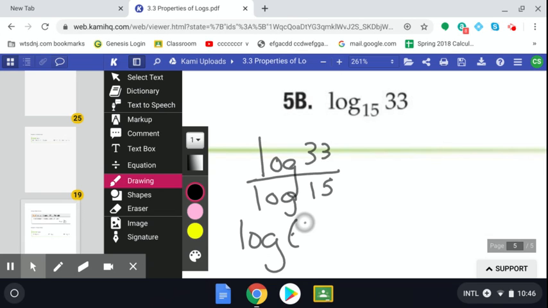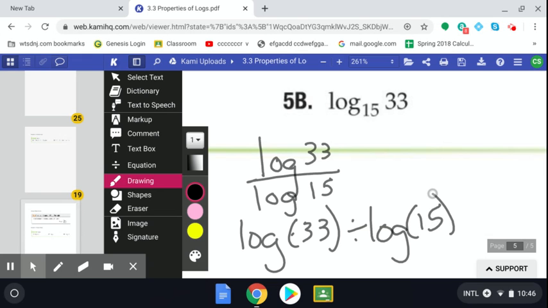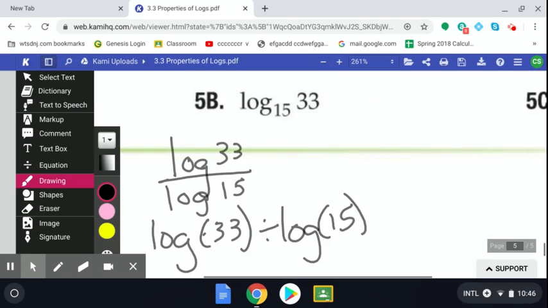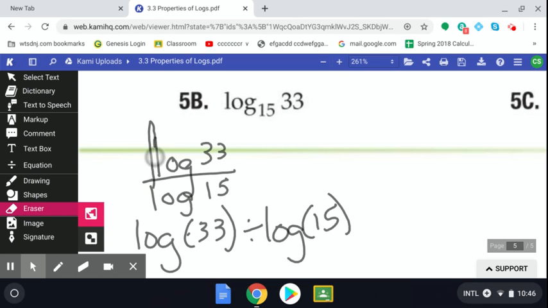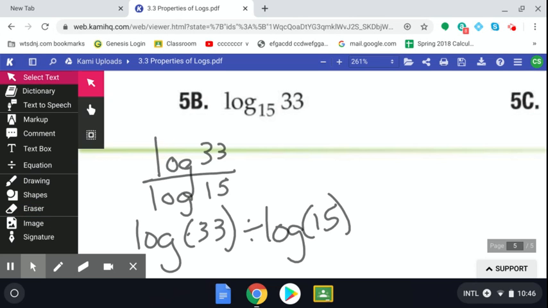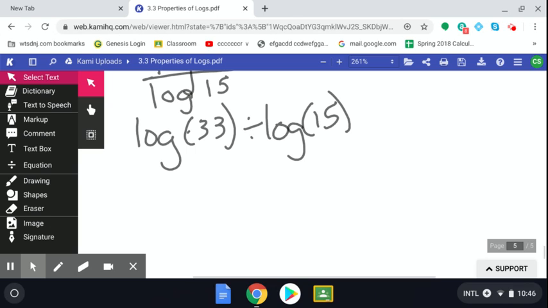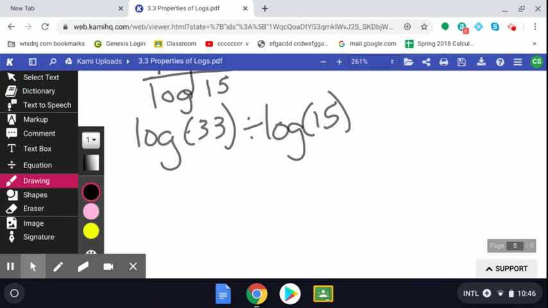Put in log 33, close parenthesis, divided by log 15. And when you input that, you should get 1.291.